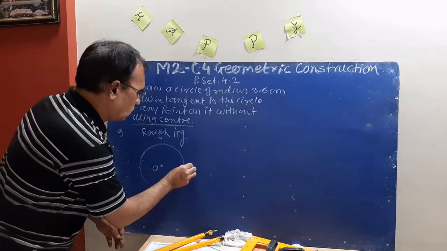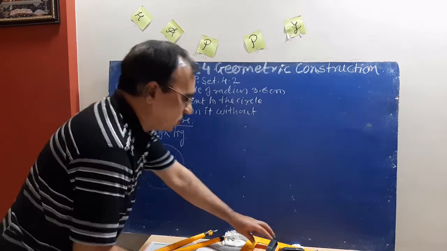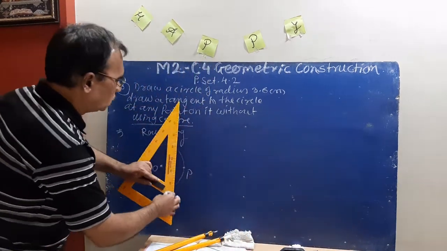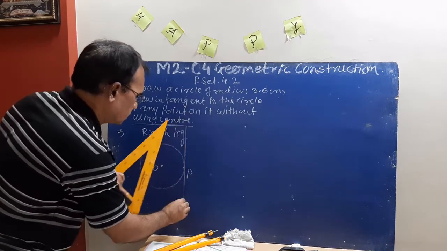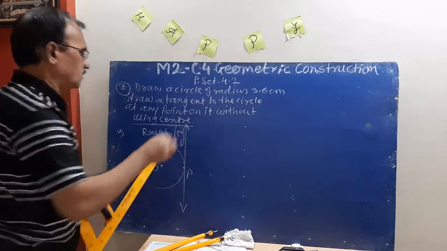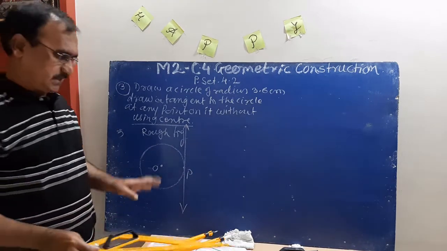Take point P on the circle, and we have to construct the tangent without using center.